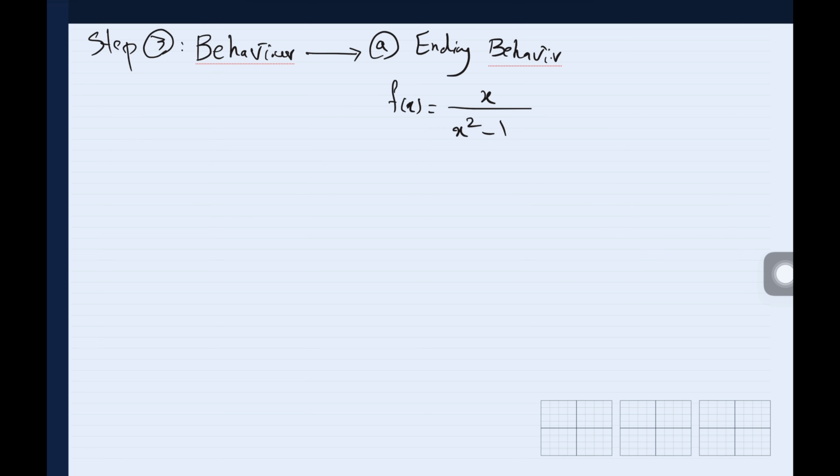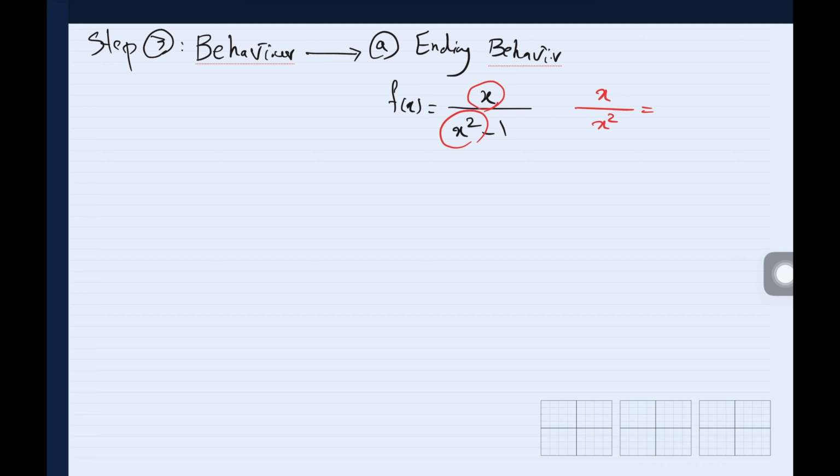As an example, if I want to know how the ending behavior would be, I have to take the leading term from the numerator, which is x in this case, divided by the leading term in the denominator, which is x squared in this case.